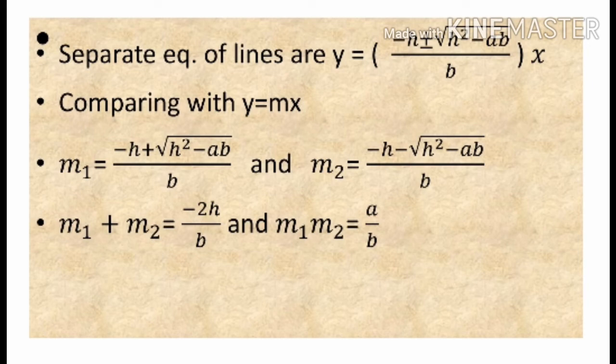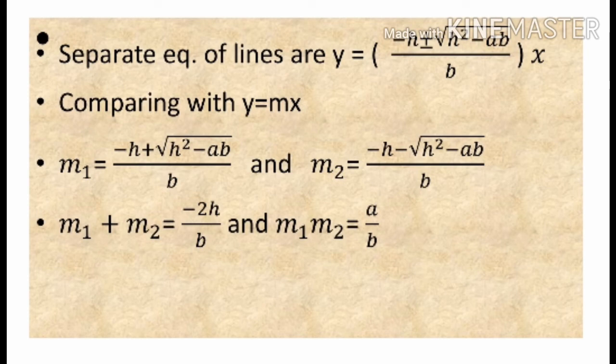Now separate slopes we can find here by comparing this equation with y = mx. The separate slopes are m1 = (−h + √(h² − ab)) / b, and m2 = (−h − √(h² − ab)) / b. Now sum of slopes m1 + m2.